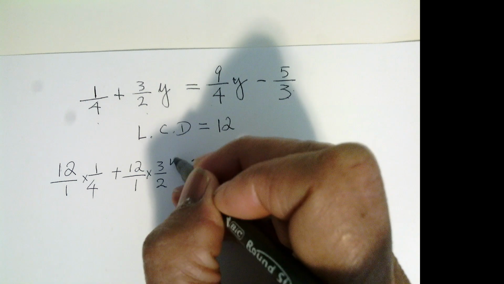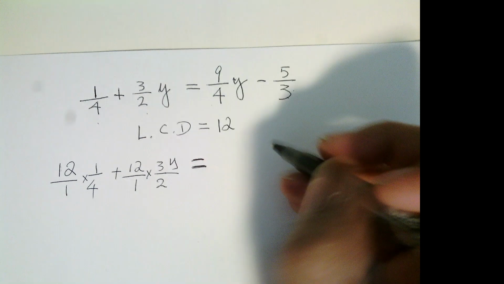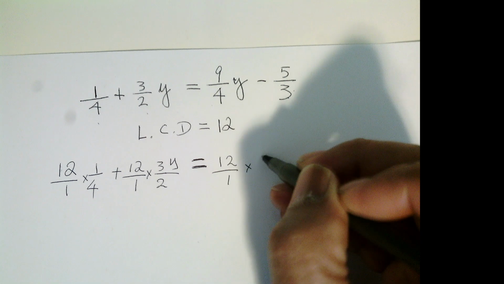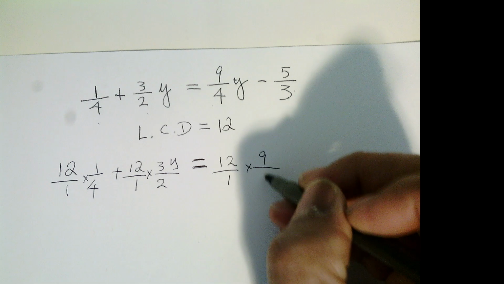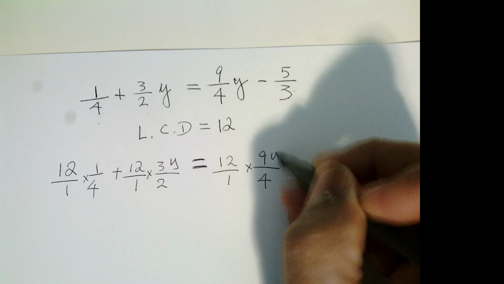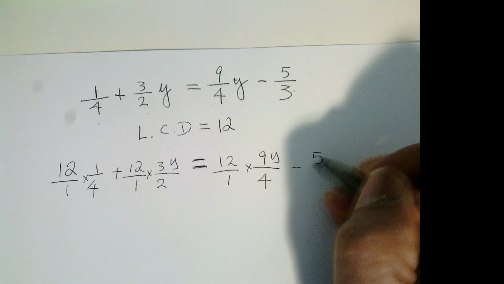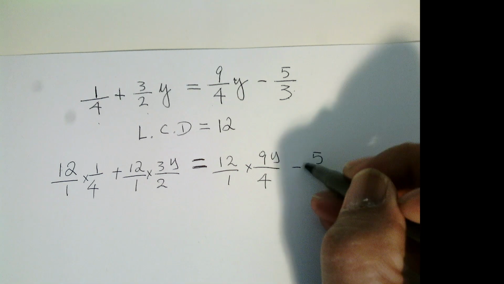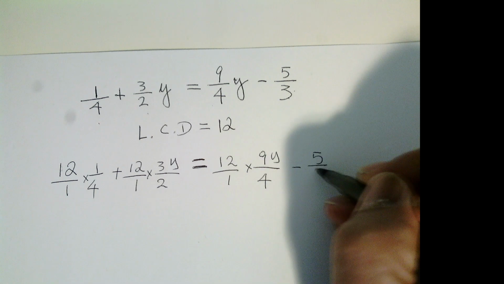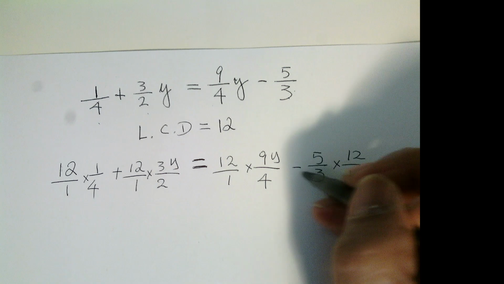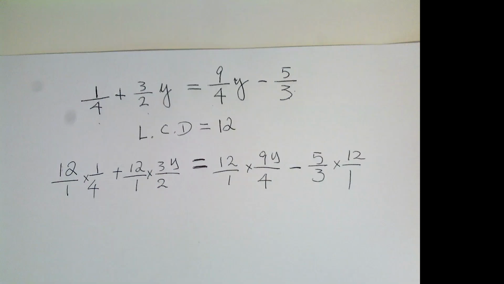You can move the y back to the top. Then 12 over 1 times 9y over 4 times minus 5 over 3 times 12 over 1. Or you can put 12 over 1 in front. Okay, doesn't matter. Whether you move it in front or at the back is up to you.